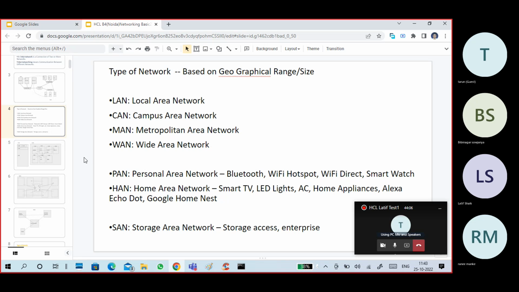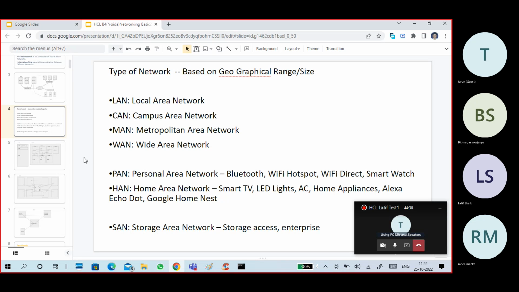It means you are connecting devices for your own purpose only. Home area network, home automation, is also one good example. Like you have smart TVs nowadays, you can connect and control all the smart devices in your home.